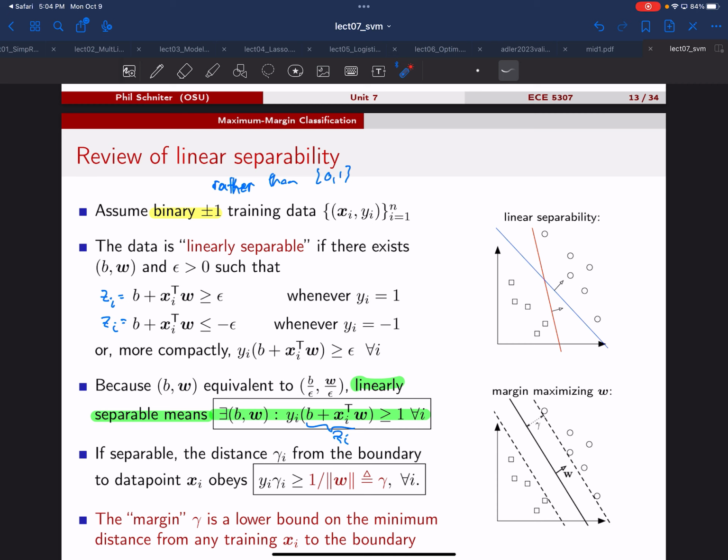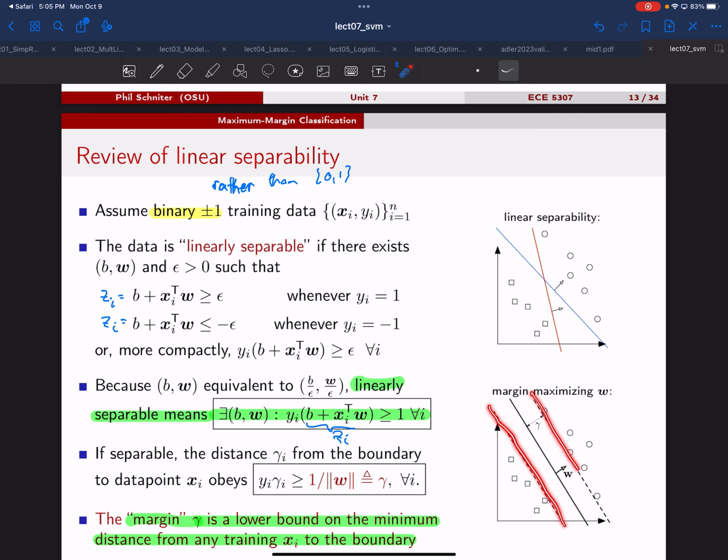This 1 over the norm of w is an important quantity that gets a specific definition. It's called the margin. You can think about it as a lower bound on the minimum distance from any training point to the boundary. In this picture, there are samples from one class here, samples from the other class here, and the boundary is here, and there's what you call a street.